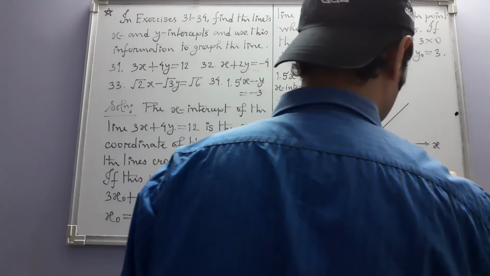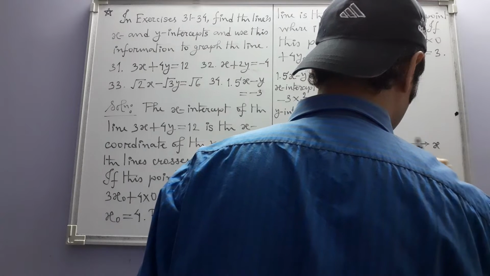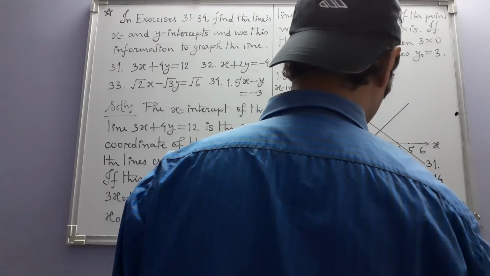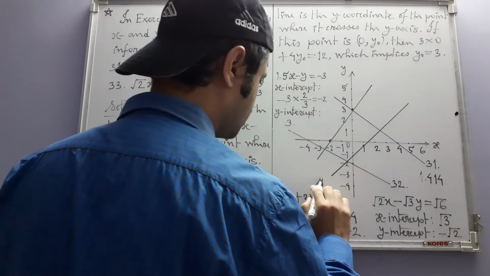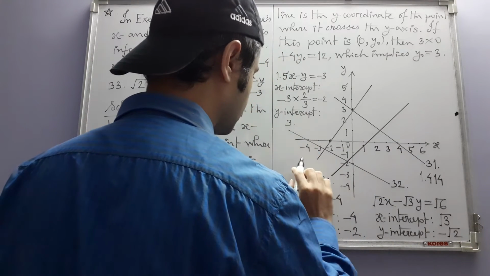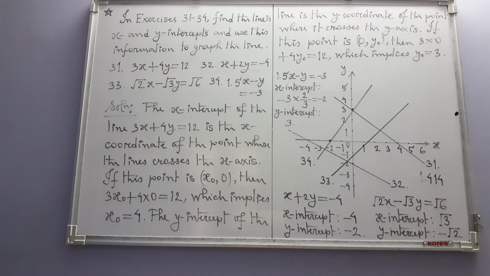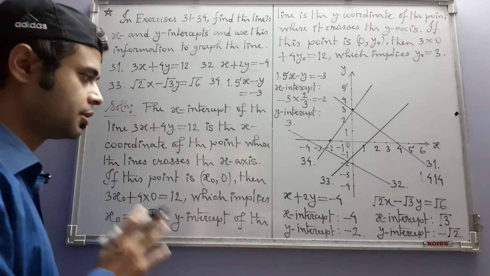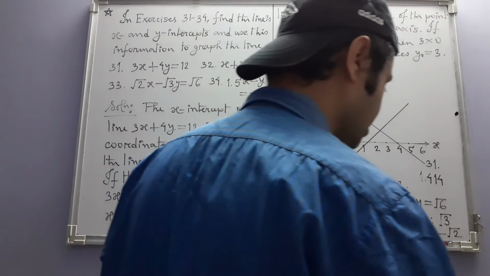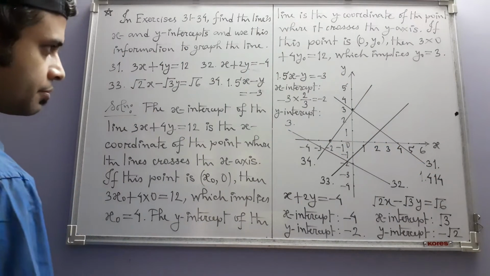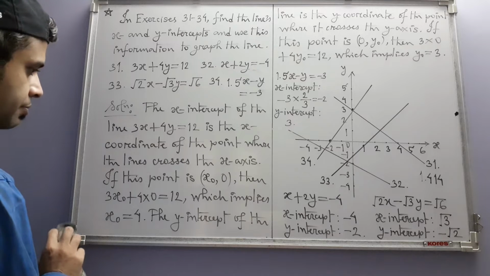So this is 31, 32, 33, and this is 34. Okay, so these are the graphs of the equations. That way also we can interpret. So that is the solution.